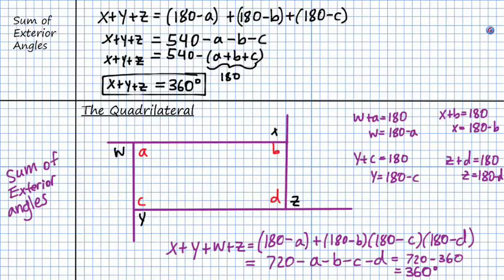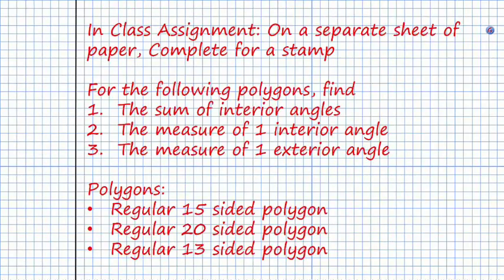So what I want you to do now is complete your in-class assignment. On a separate sheet of paper, complete for a stamp. For the following polygons, find the sum of the interior angles, the measure of one interior angle, and the measure of one exterior angle.